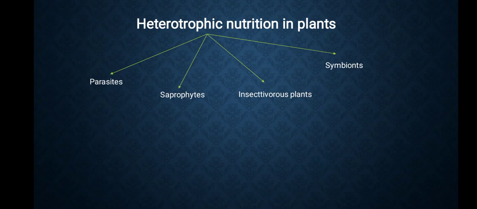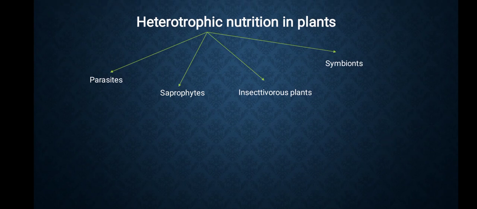It is also called amarvel and swarnalata. Understood? Yes. It sucks food from a plant by producing special root-like structures called haustoria. Now understood? Yes, ma'am. Okay, very good.